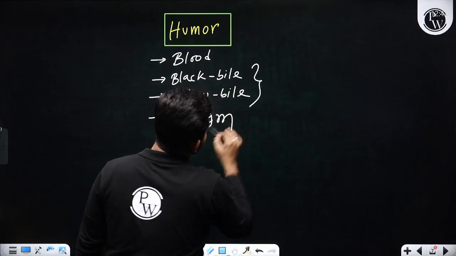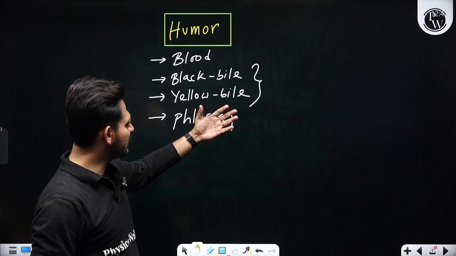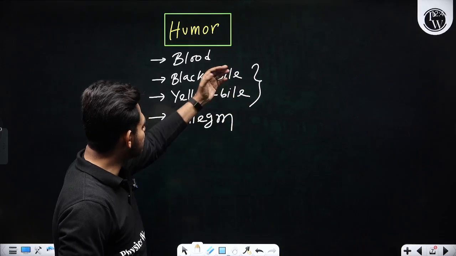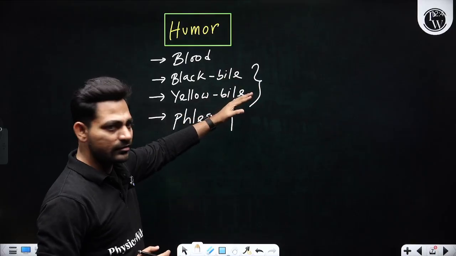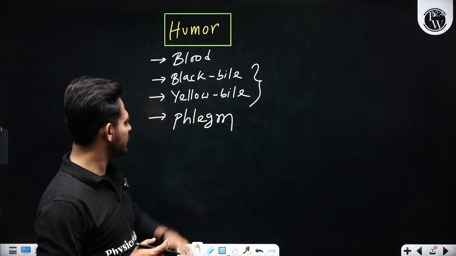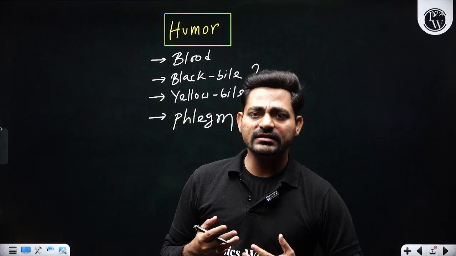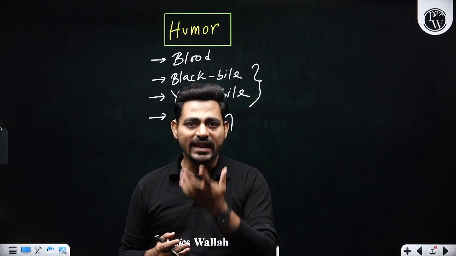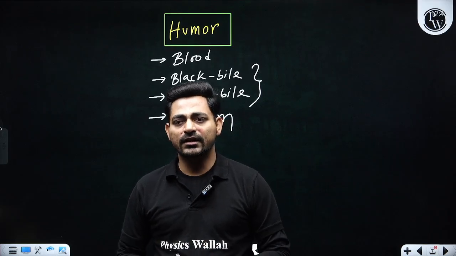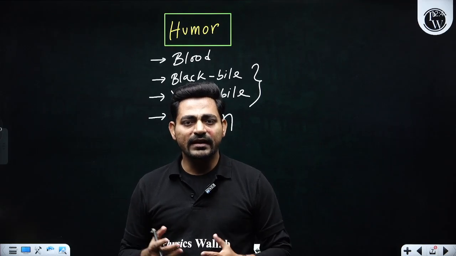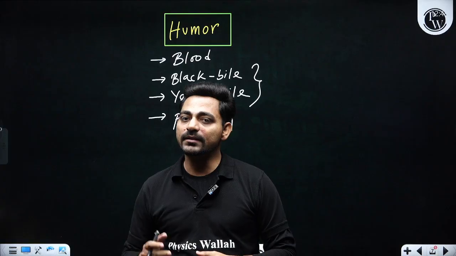Black bile and yellow bile have no practical existence inside our body; nowadays we call them hypothetical fluids. And phlegm means normal body fluids like saliva. The phlegm can be saliva, it can be our lymph, like the body fluids other than blood and bile.